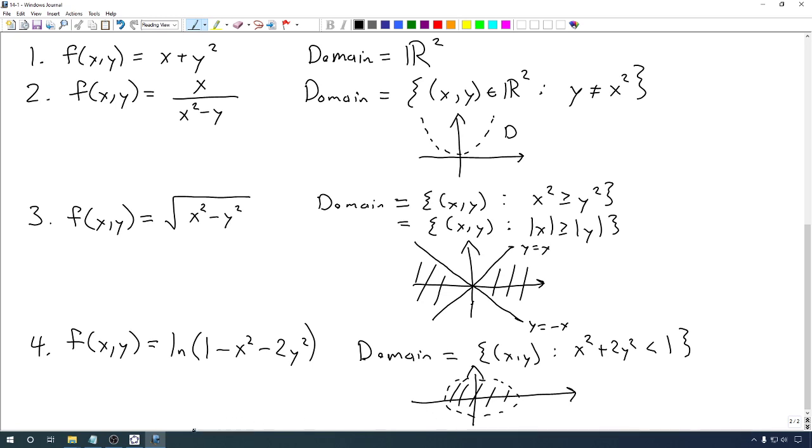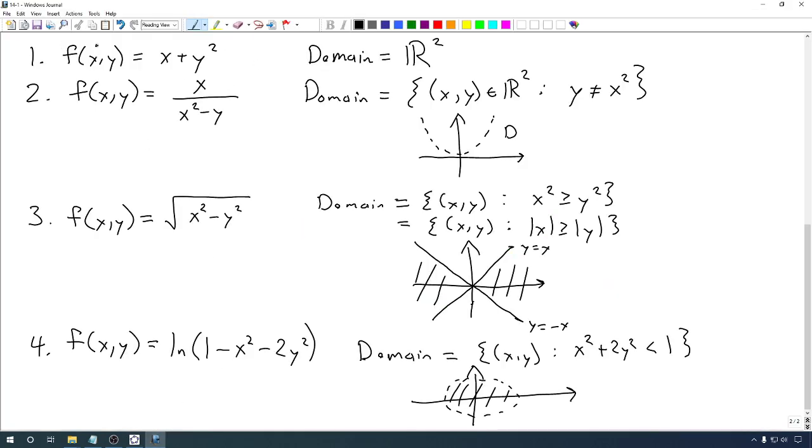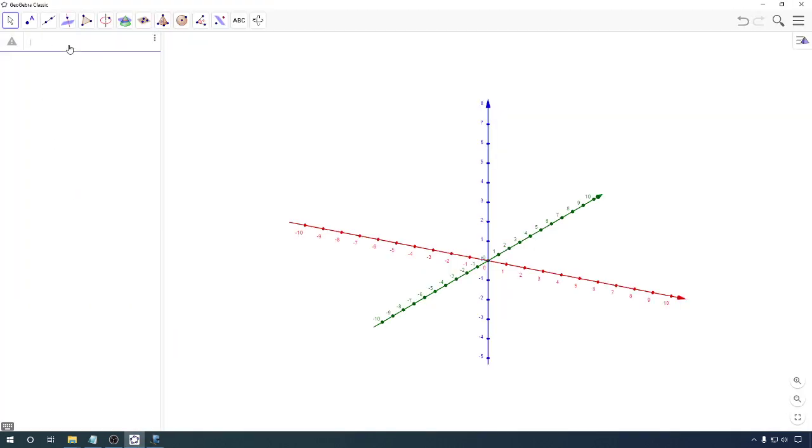So let's actually go ahead and do that. So here we have our axes. We first want to graph our f of x, y equals x plus y squared. And GeoGebra just allows us to go ahead and type that in.